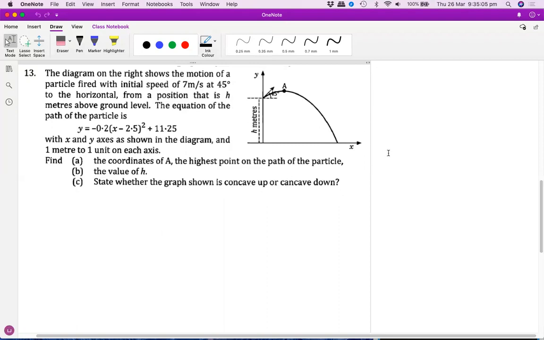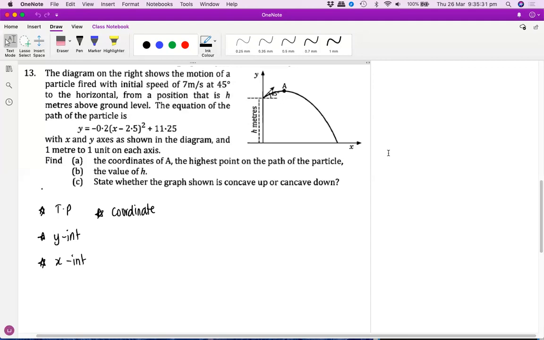Just before we start, all these worded questions do is basically ask you to find a few things. Generally speaking, it always asks you to find either the turning point, the y-intercept, an x-intercept, or basically any coordinate that's on there as well.